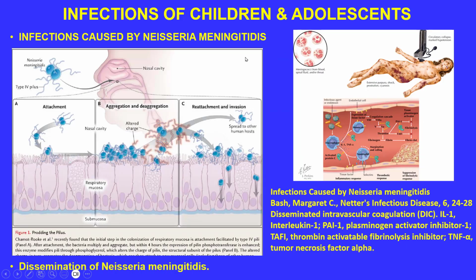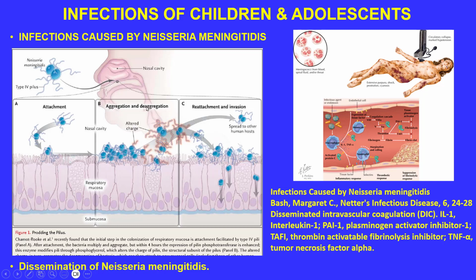And here you can see how we have this. They have sort of pili off of them, these bacteria, and they get into the nasal cavity. And they go through a process of infection by basically attaching to some of the nasal mucosa, particularly those that have cilia, and altering the charge, and eventually beginning to move into the cells and down through the cells.